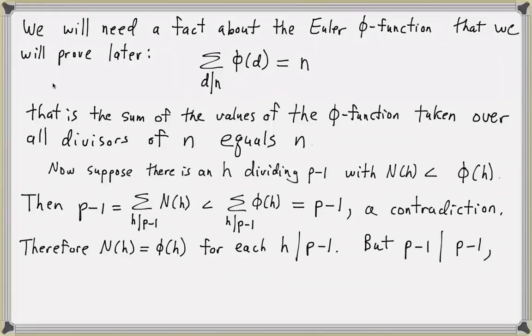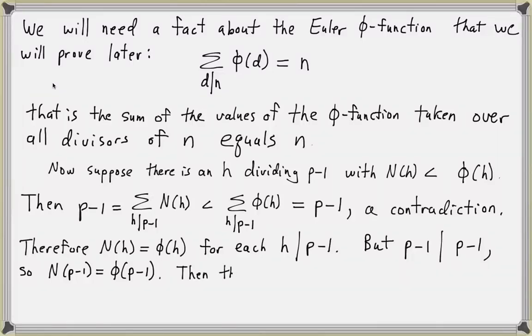So capital N of p minus 1 equals phi of p minus 1. In other words, there are phi of p minus 1 residues who have order p minus 1. But an integer with order p minus 1 is by definition a primitive root mod p.